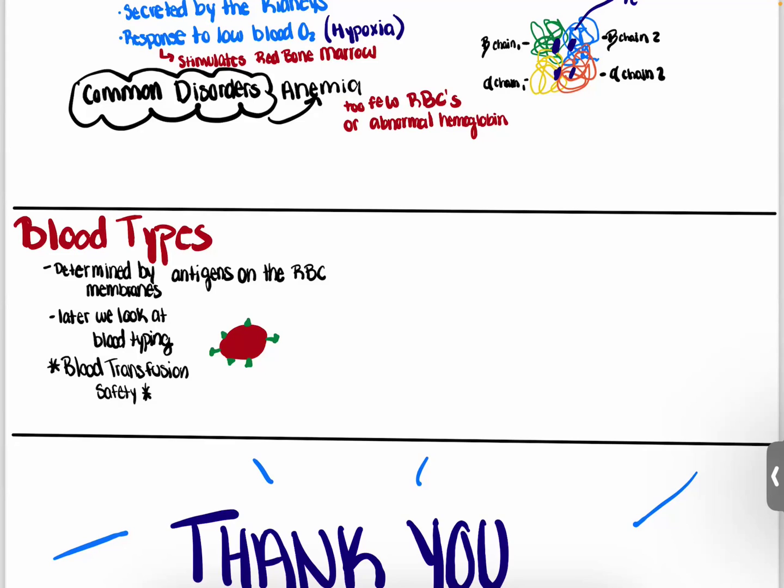If you've ever been familiar with blood typing in terms of O negative, O positive, B negative, B positive, AB, those are all created by and determined by the antigens on the surface of red blood cells, which is why O negative is the universal donor. However, anyone else with any other blood type would not be able to accept any blood that wasn't O negative or their own.